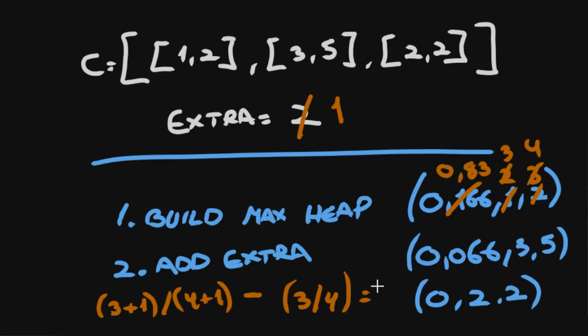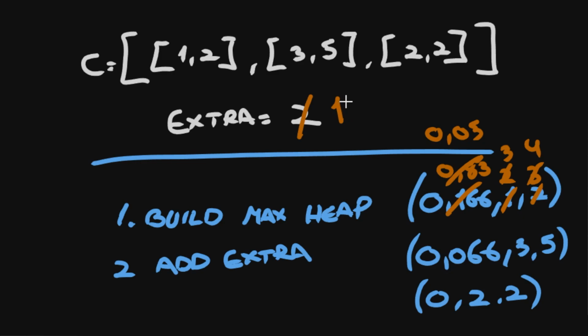The result for this is 0.05. So we replace this with 0.05. Now this is 0, and we can get the average pass ratio for all classes.